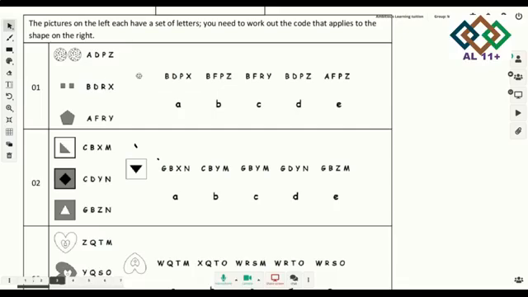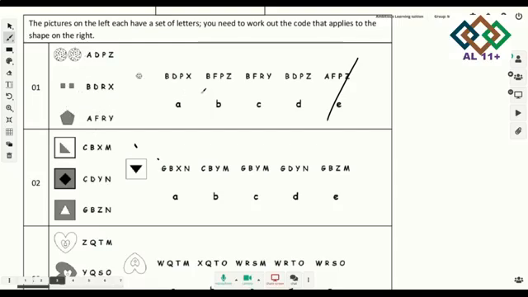If you look at the first letter, basically the first letter is represented by a B. So we know that the first letter of the shape will be a B. All of them have a B, so we'll cancel option E. And the next one tells you the second letter relates to the number of shapes there are, so it will be F. Two shapes, and one shape.